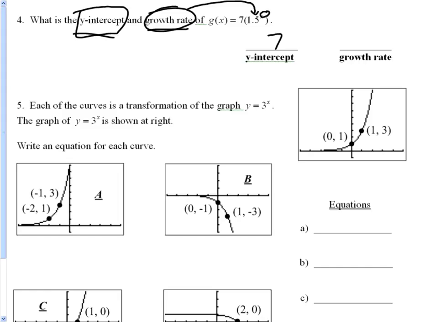But there's a smarter way to write that than 7. Is it 0, 7 or 7, 0? Yeah, because the y-intercept is where x equals 0, and that's where x goes. All right, and then the growth rate we already said, 50%. Okay, this next one is talking about a transformation of a parent.